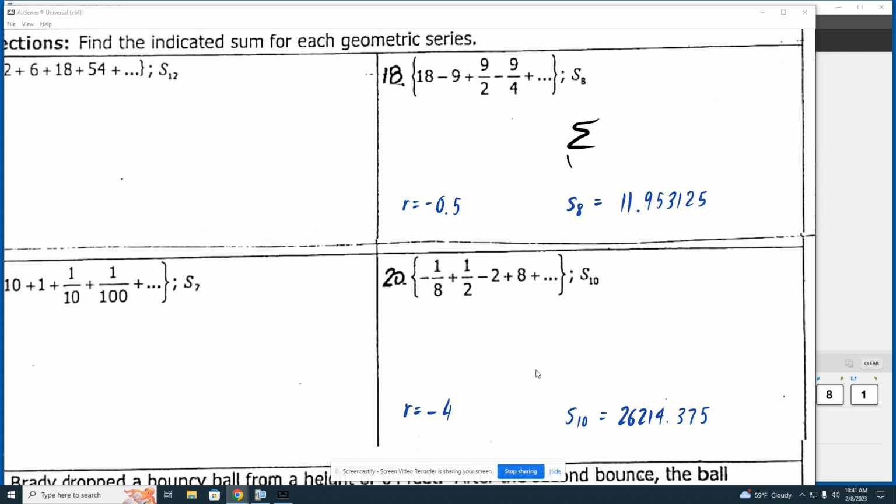So for example, we did from the first to the 8th term, and once I found that common ratio, I simply plugged in the first term, 18, times that common ratio, negative 0.5, raised to the x minus 1 power. It's very simple. That's all you had to do on those problems. So if you remember that, that'll be an easy problem moving forward as well. Questions? Anybody?